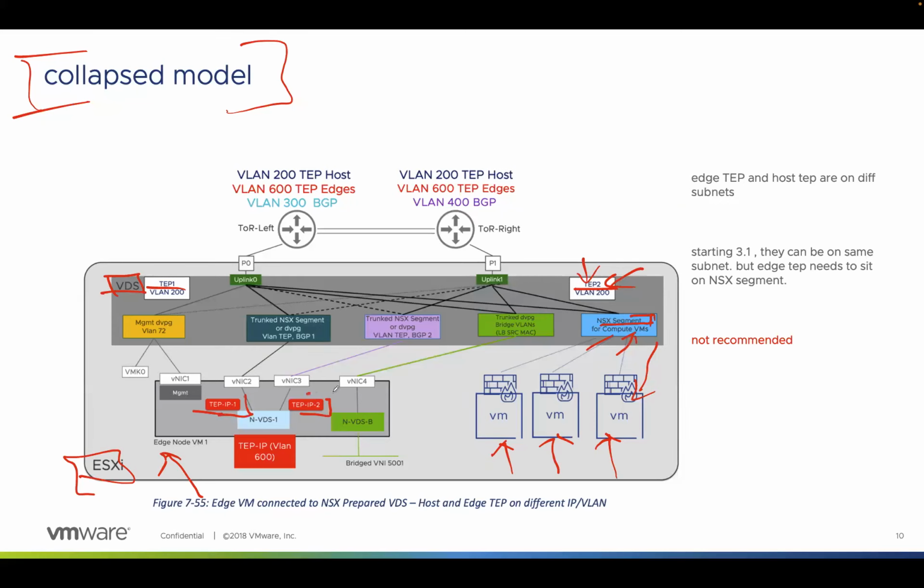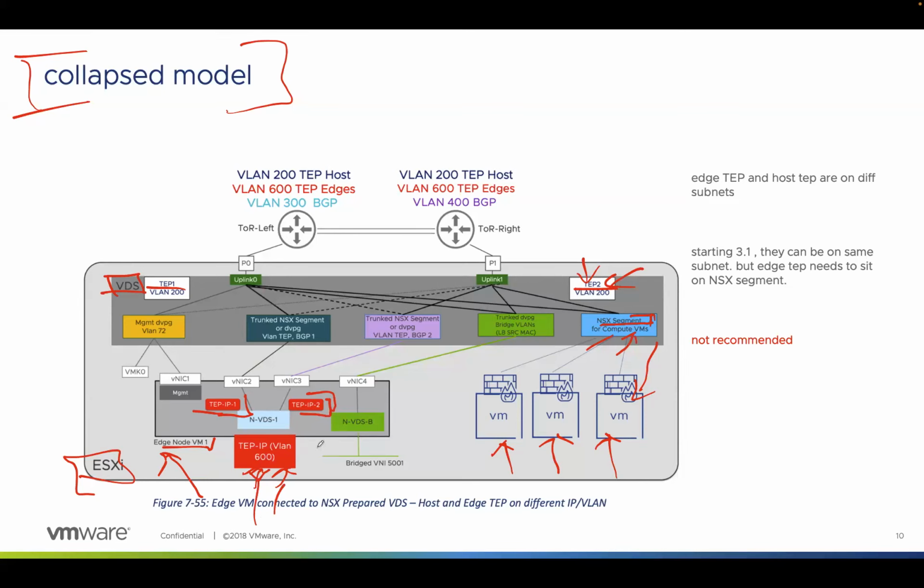So here we have two more TEPs for edge node traffic. But be careful, notice that they're on a separate VLAN. Because we have to separate the function, we have to separate the termination of two tunnels. So here, we request a different VLAN ID.